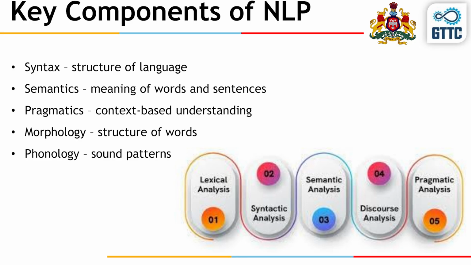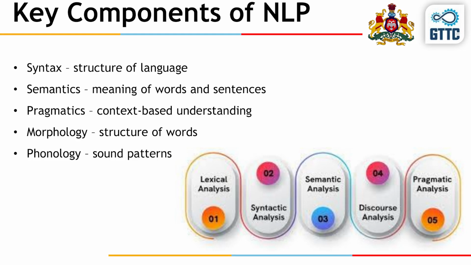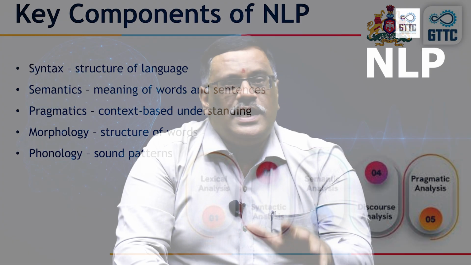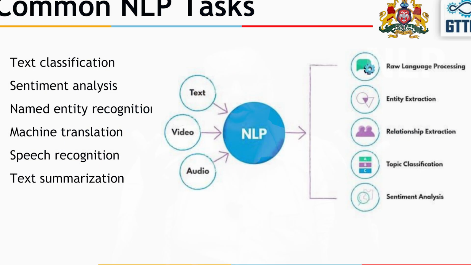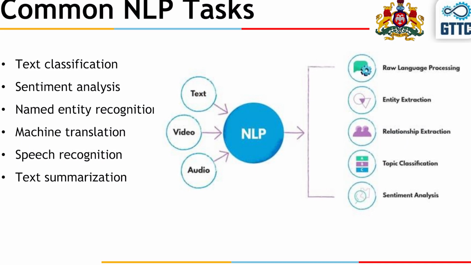So the 5 components, that is syntax, semantics, pragmatics, morphology, and phonology, are the key components of NLP that we are talking about. Common NLP tasks involve various ways of processing, analyzing, and generating human language, and some of the most important ones are text classification.